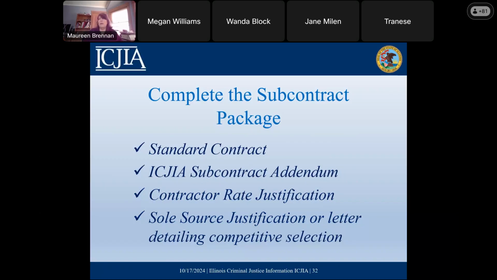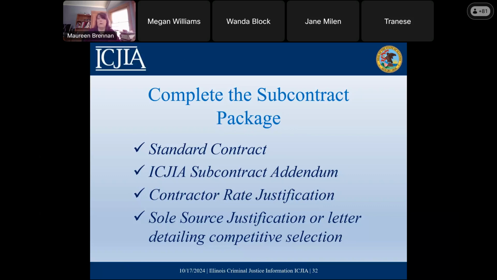And we invented this a number of years ago because government money comes with a lot of requirements, a lot of hoops, a lot of strings. So instead of having everybody who has a subcontract rewrite their subcontract to incorporate all of these required provisions, what we did is we put all of the required provisions in one package, and that's the subcontract addendum. If you're familiar with the authority, we have both state and federal grants.